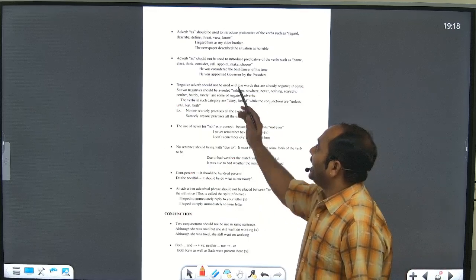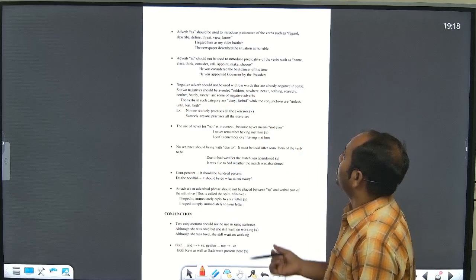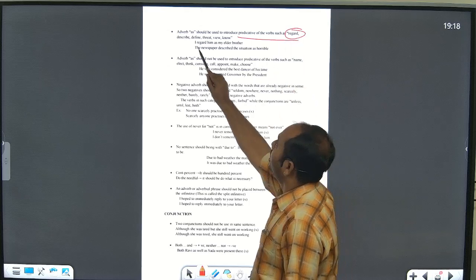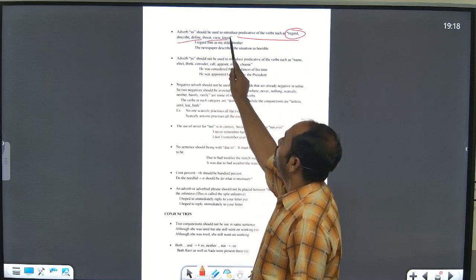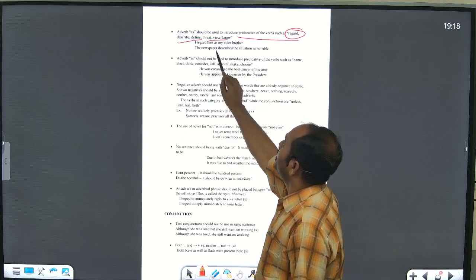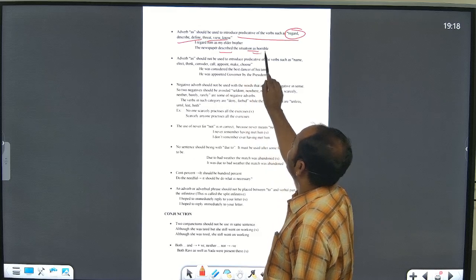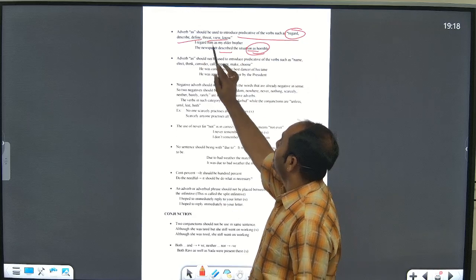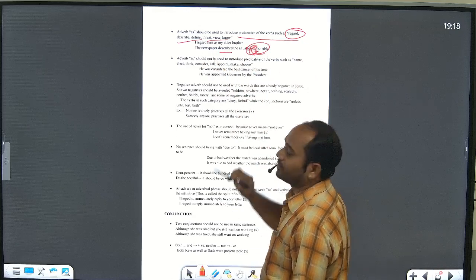So adverb as should be used to introduce the predicative of verbs such as regard, describe, define, treat, view. See, I regard him as my elder brother. The newspaper described the situation as horrible. So when such words are used, we compulsorily need to use as.